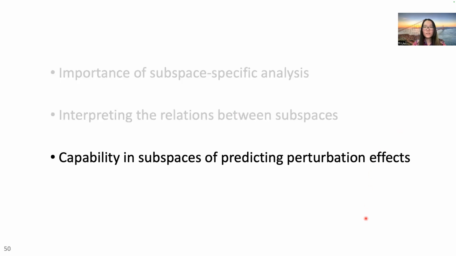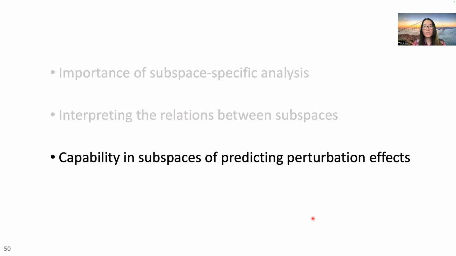So we just looked into the differences and relations between different subspaces. Since all these subspaces were calculated using the data in control trials, we'd like to utilize the perturbation trials to validate some of the differences between the subspaces.